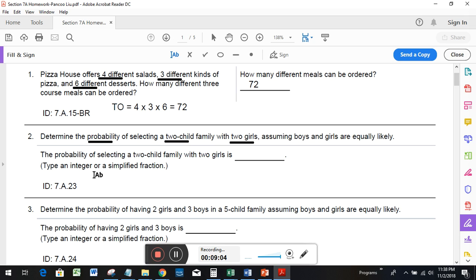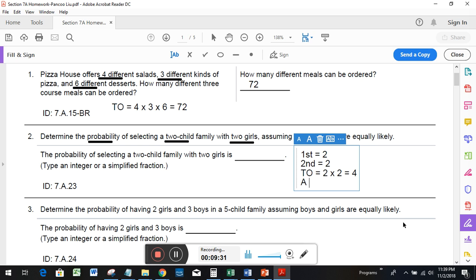So here, your first child, you have, again, 2 choices, boy or girl. Second child, you also have 2 choices. So for your total outcome, it's going to be 2 times 2, which would give us a total of 4 possible combinations. Now, we are only interested in the event of having 2 girls.